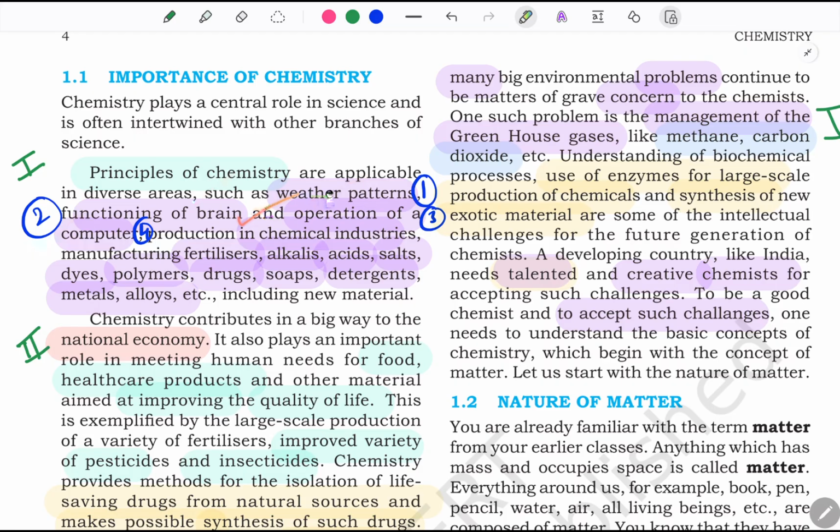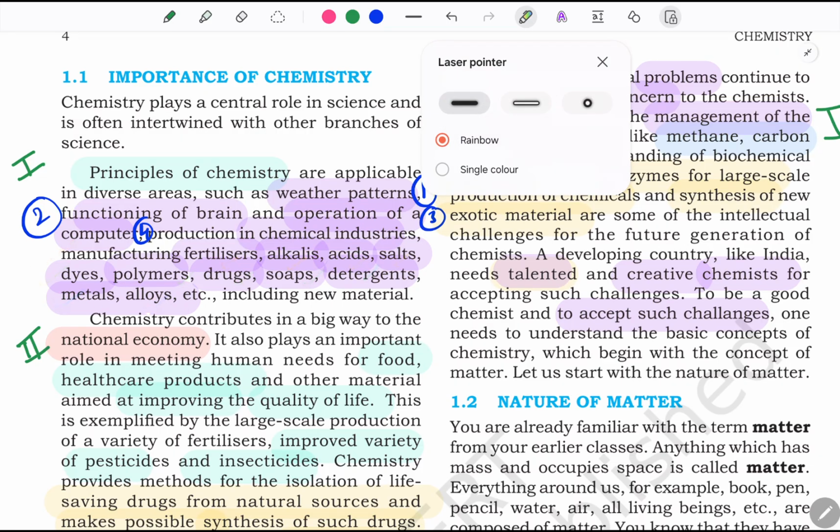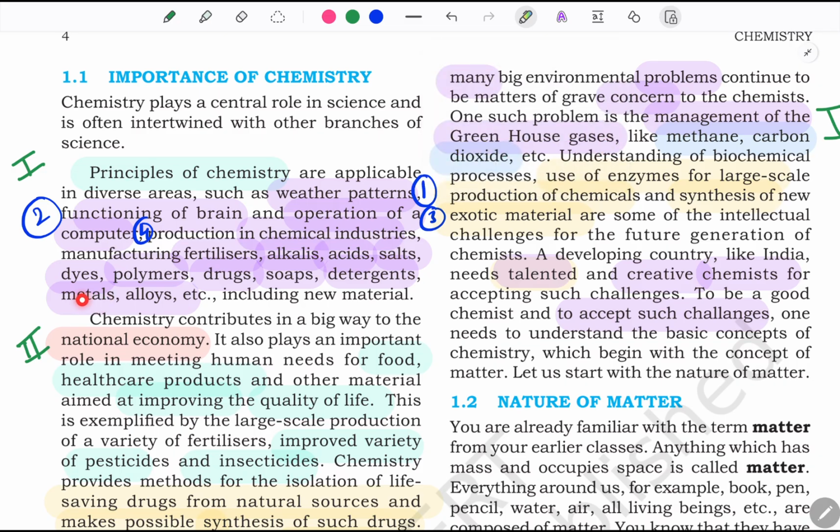production in chemical industries. You are manufacturing fertilizers, alkalis, acids, salts, dyes, polymers, drugs, soaps, detergents, metals, and alloys, right? Here, I'm telling you, you can use anything that comes to your mind, whatever chemical is manufactured, you can write that down in the exam: acids, bases, salts, drugs, fertilizers, soaps, detergents, metals, alloys, etc. Whenever there is a production of something, you know it involves the principles of chemistry.